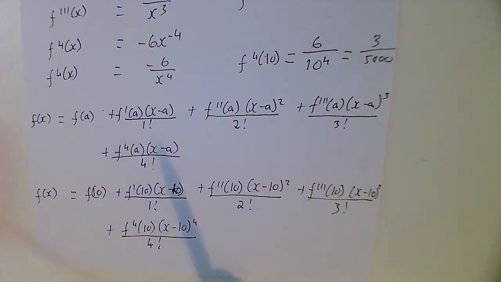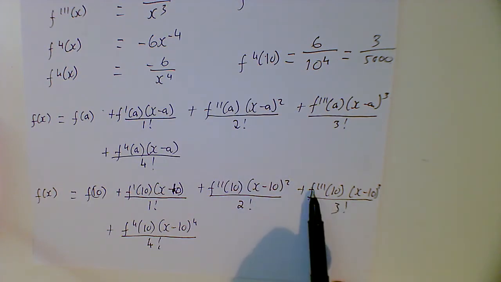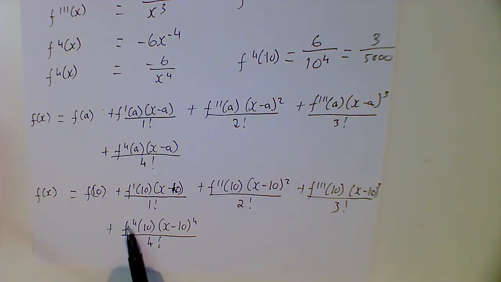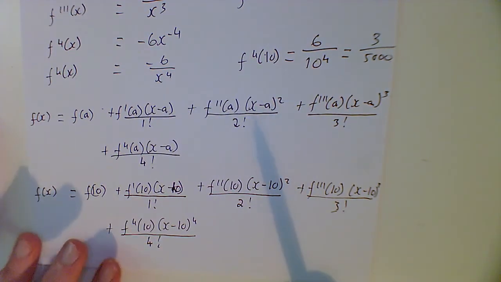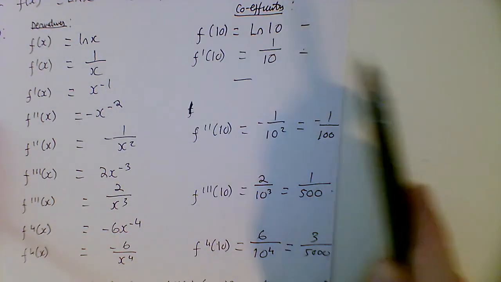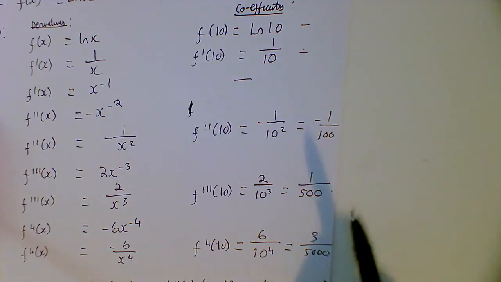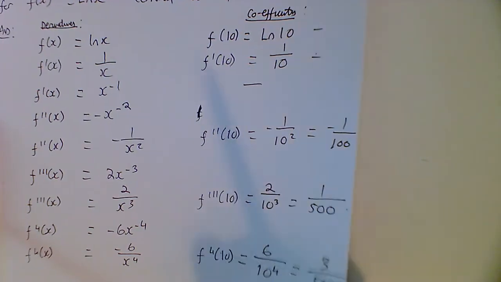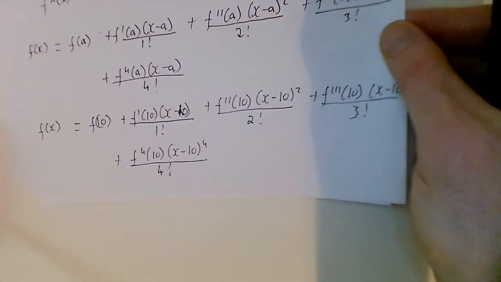Now, I've worked out f of 10, f dashed of 10, f double dash 10, f triple dash 10, and the fourth derivative of 10. I worked all of those out down here. So let's substitute those in.